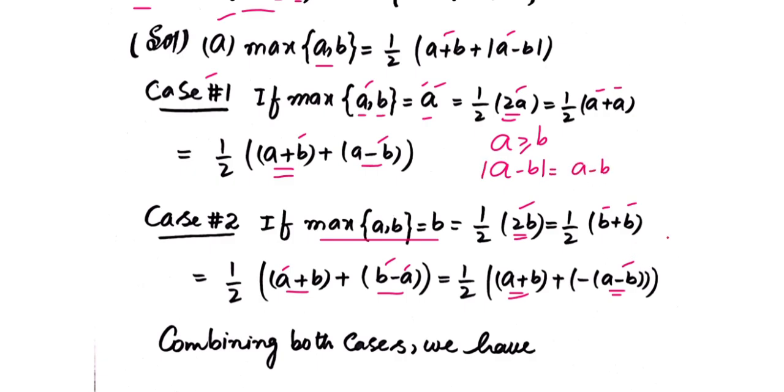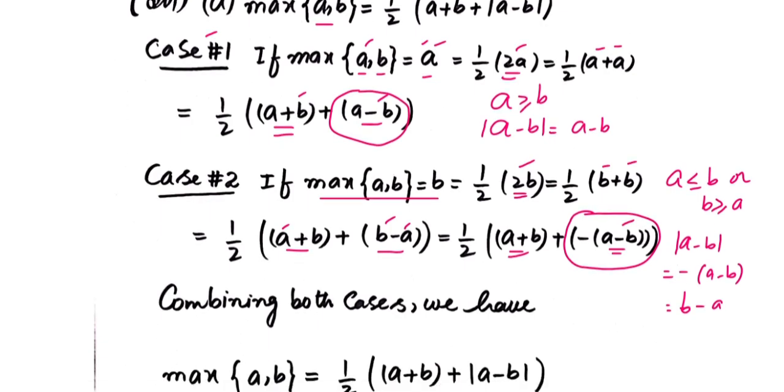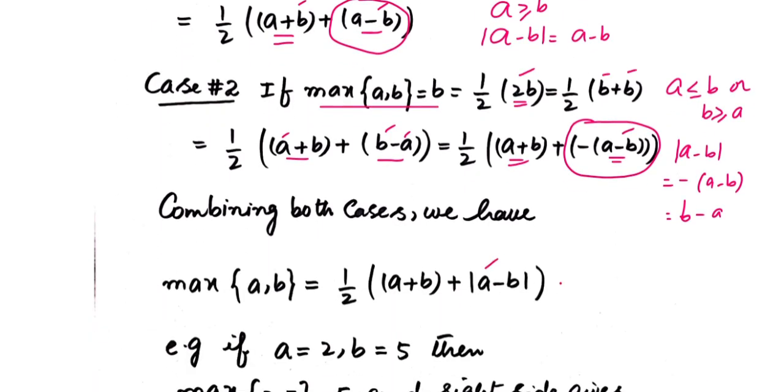In the case when a is less than or equal to b, or you can say b is greater than or equal to a, the absolute value of a - b is equal to minus times (a - b), or this can be written as b - a. So these two values can be combined into a single value, that is the absolute value. That is what was required to prove.